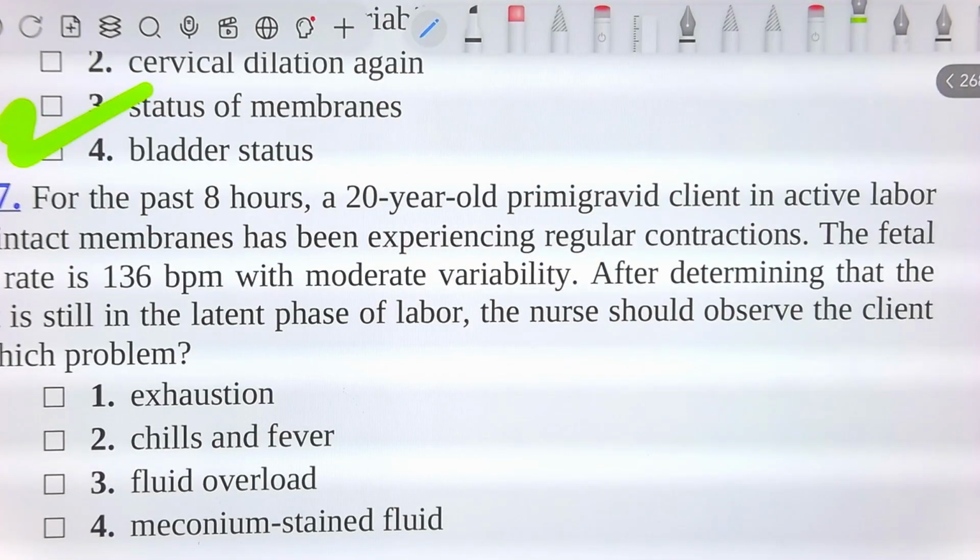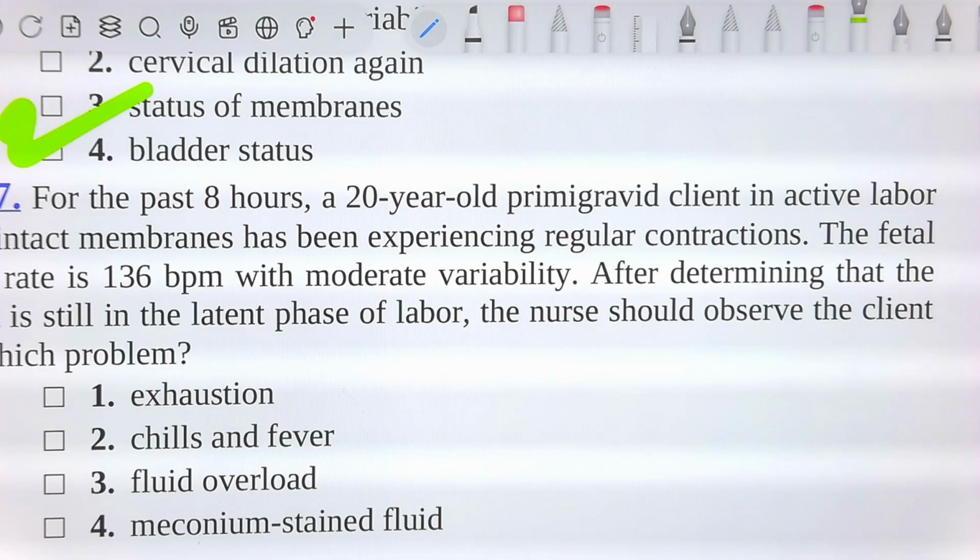27th question. For the past 8 hours, a 20-year-old primary gravid client in active labor with intact membrane has been experiencing regular contractions. The fetal heart rate is 136 beats per minute with moderate variability.